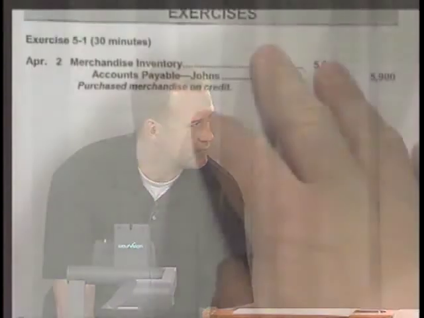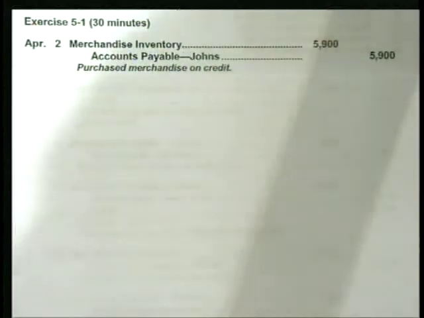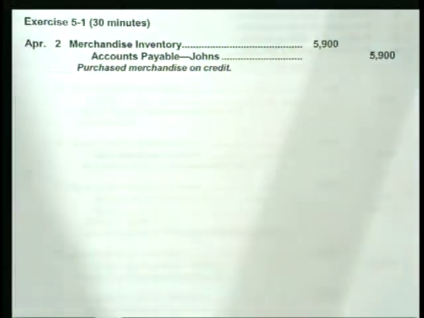First, the April 2 entry, not too tough. Debit merchandise inventory, credit AP, and it's AP to John's.